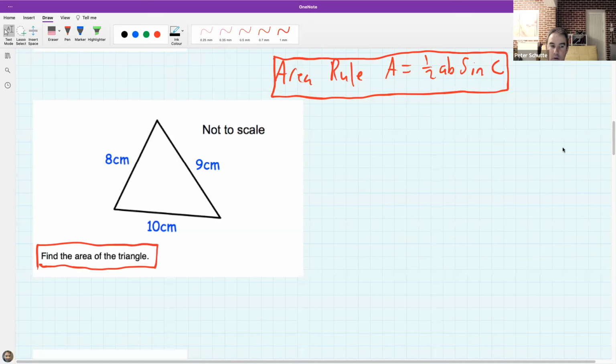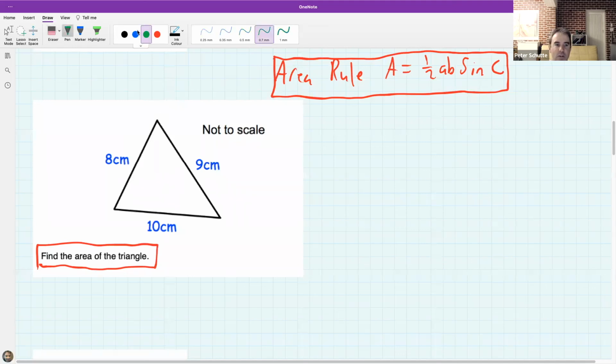So what we're trying to do here is find the area of this whole triangle. And to do that, I think we can use the area rule. The problem is the area rule needs 2 sides and an included angle.